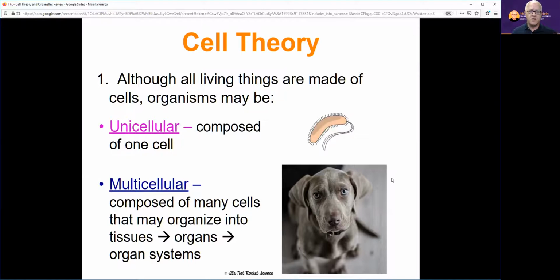Those tissues become organs, and those organs are part of organ systems. So bacteria cells are typically unicellular, but animals and plants are typically multicellular.